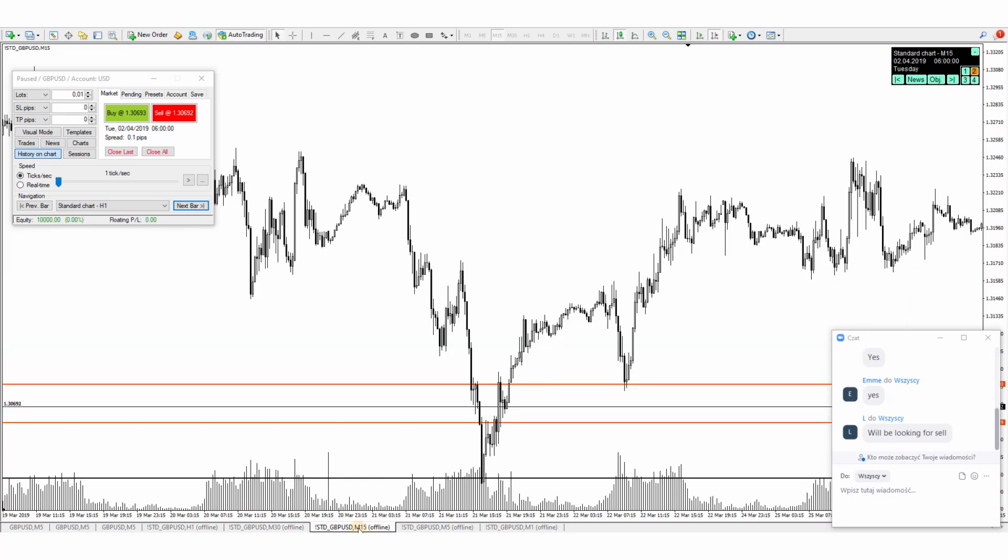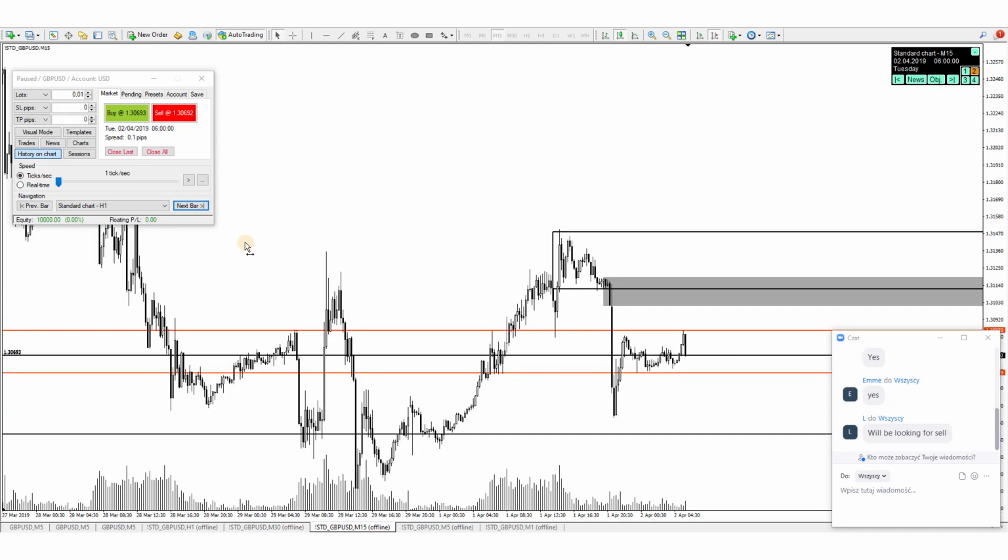I don't see anything else here. Maybe some imbalance pool on the M15. There are many wicks, so everything is filled. Hopefully this will not be any range.